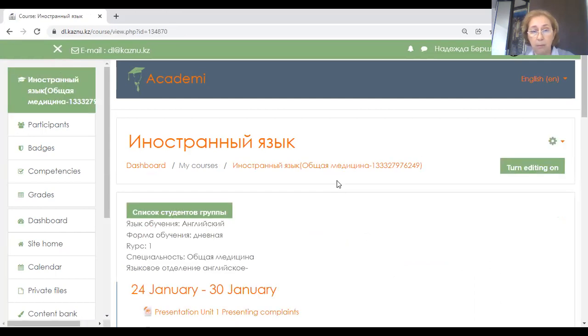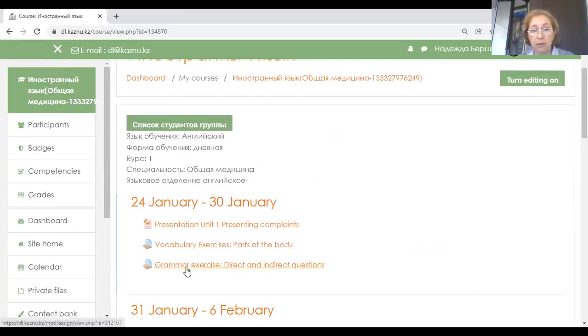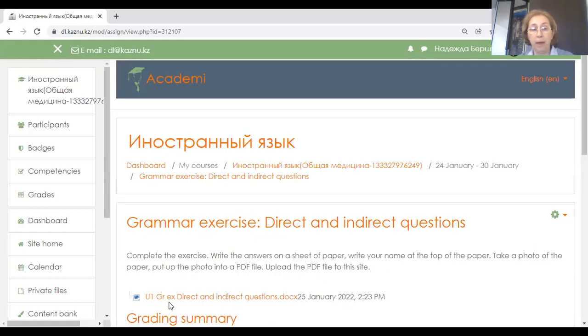So this is the first task. Then the second task is grammar exercises. The instructions are very similar. If you click there, you can see the document, grammar exercise, direct and indirect questions. You should download this file to your computer, open it, and you'll see only one exercise.